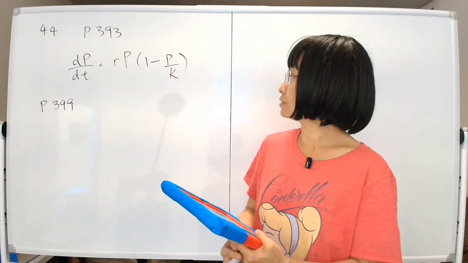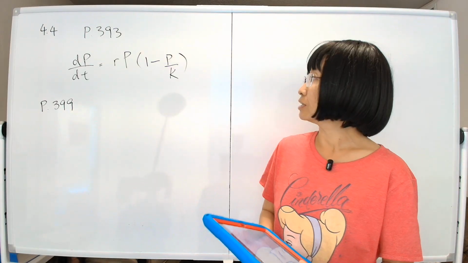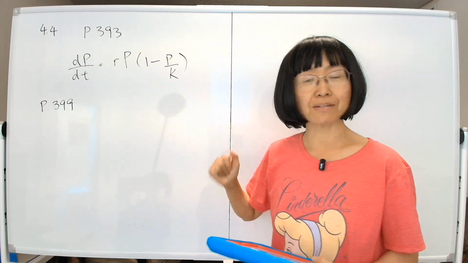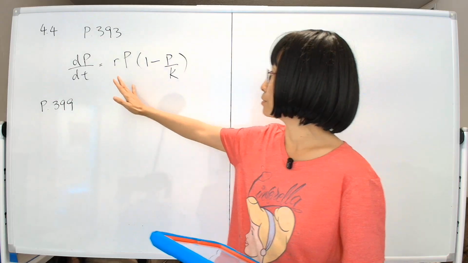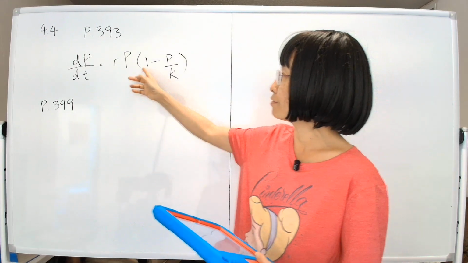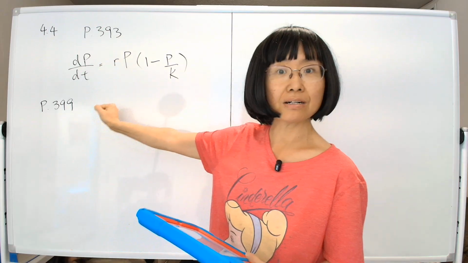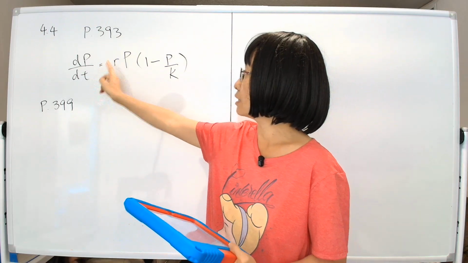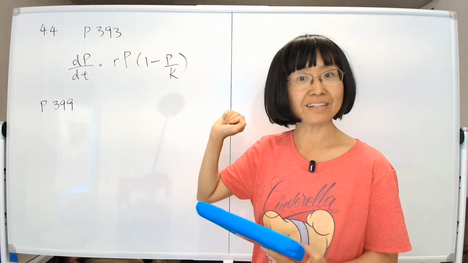On page 399, we are going to solve this equation with the trick we already know, separation of variables. This equation is autonomous, which means everything is in terms of our main variable. It doesn't even have t on the other side.